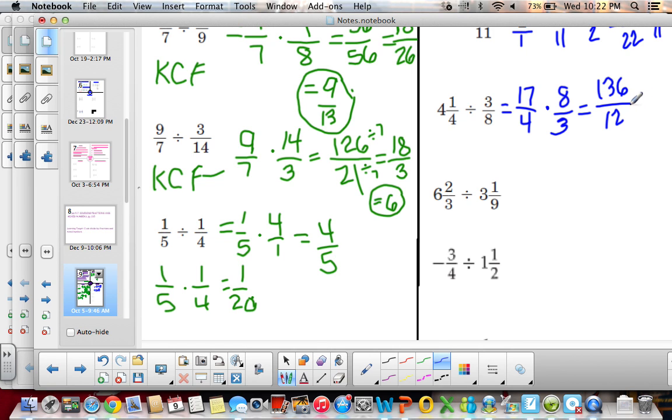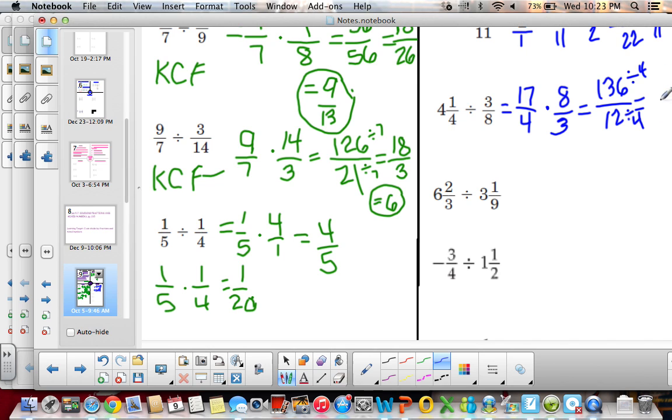136 divided by 12 is not a whole number, so now we have to think about other options that we can use to simplify this down. So I know that 2 and 3 and 4 and 6 all go into 12. So 136 divided by 6 does not give us a whole number. Divided by 4 gives us 34. So we're going to divide both our numerator and denominator by 4.